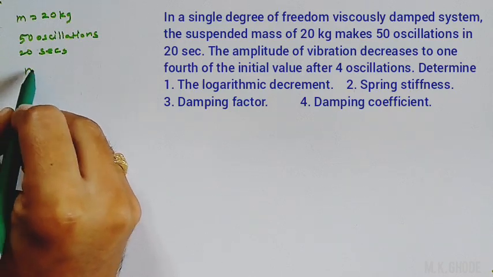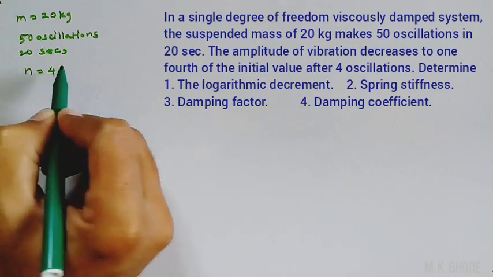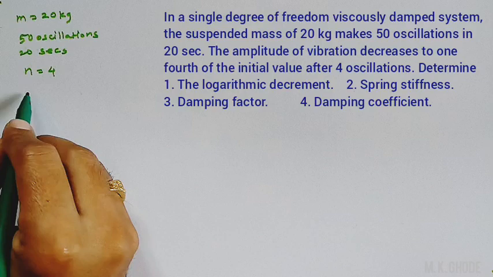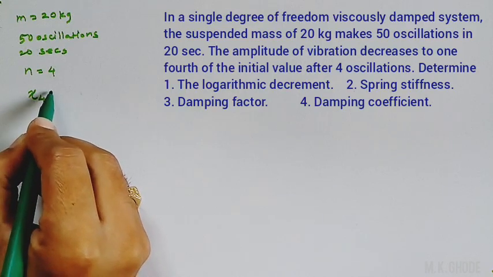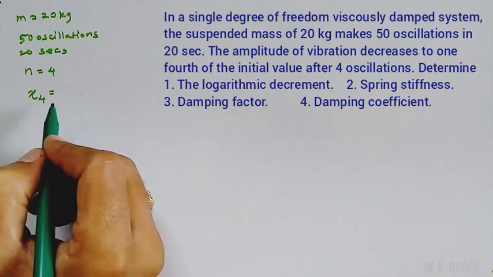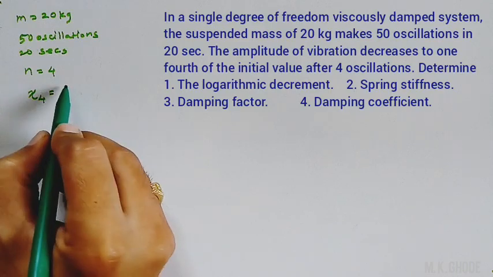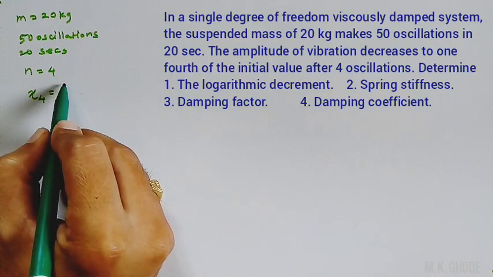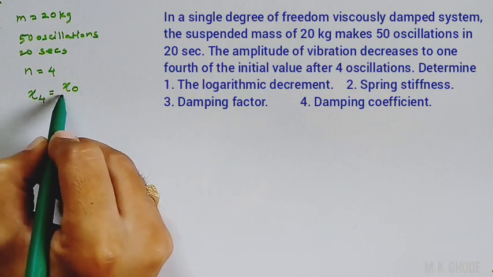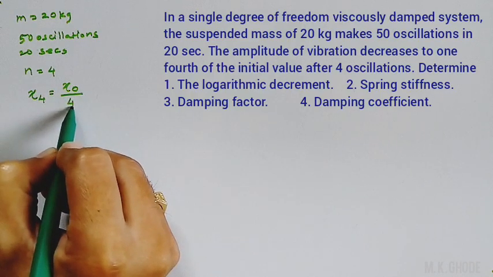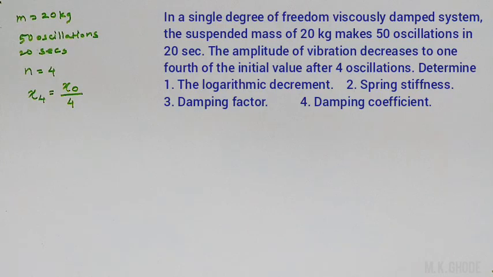So the number of oscillations is 4, and the amplitude of the fourth cycle is 1/4 of the initial. The initial amplitude we are considering as x0, so 1/4 of the initial amplitude is the amplitude of the fourth cycle.